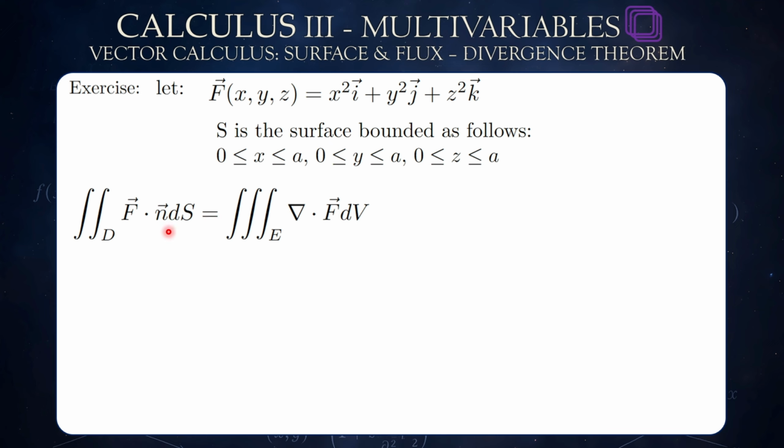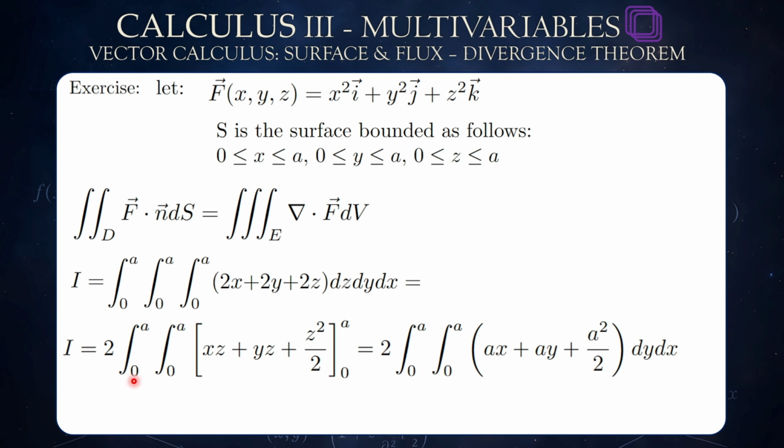The double integral over S of F dot n dS is equal to the triple integral over the region E of nabla dot F dV, equal to the integral from 0 to a in the three directions of the divergence of the vector F. Remember, nabla dot F is the derivative of F in respect of x plus in respect of y plus in respect of z, which is equal to 2x plus 2y plus 2z, dz dy dx.